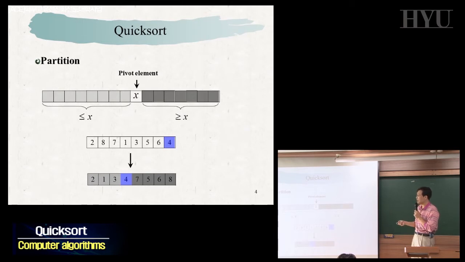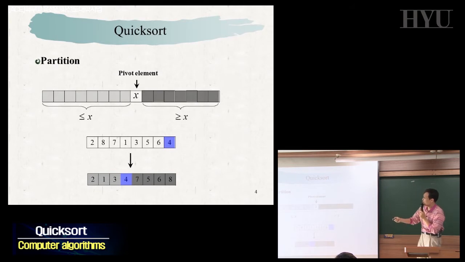After the partitioning, in the left partition, all elements are less than or equal to the pivot element, and in the right partition, all elements are bigger than or equal to the pivot element 4. So this is the aim of the partition.